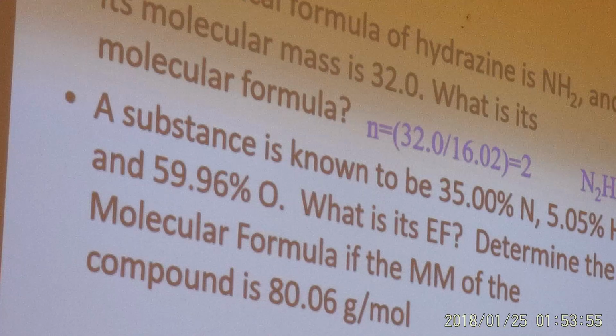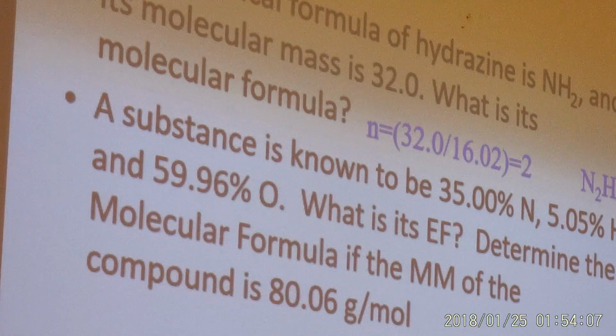So when I have a pile of this stuff, if I have 100 grams of the sample, then that means 35 grams is nitrogen. Because they said 35%, where percent means out of 100. So I can put in here grams of nitrogen, like you said, but how many do I put? I put 35 grams of nitrogen.